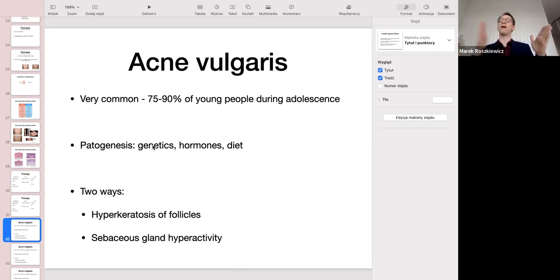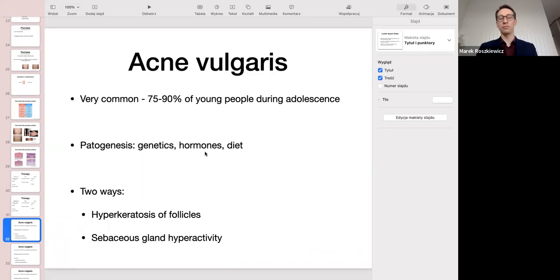We can see families of patients where, for example, the grandmother had big acne, the mother has big acne, and the children have big acne. Of course, there is a genetic line, but as we said, it is not the most important one.